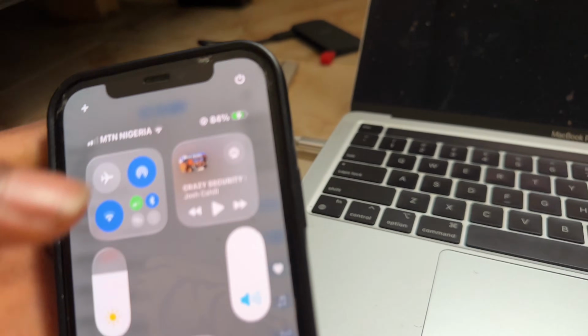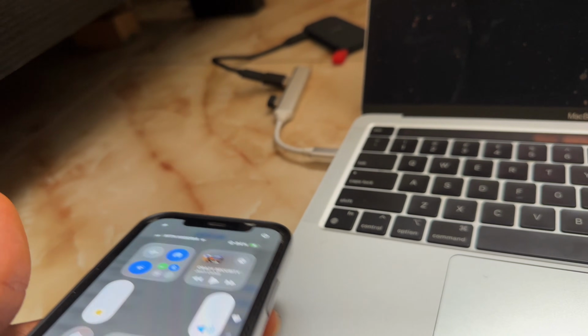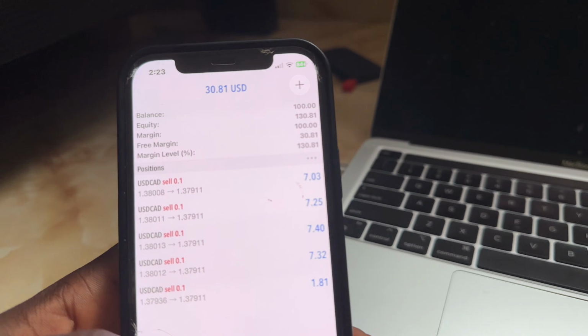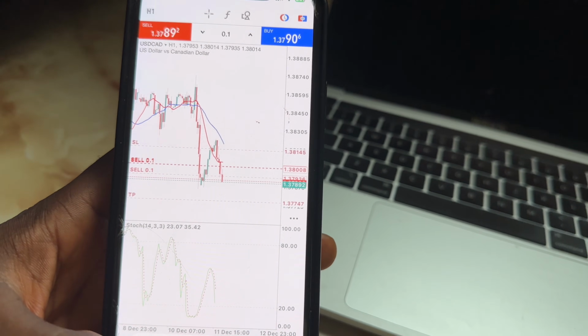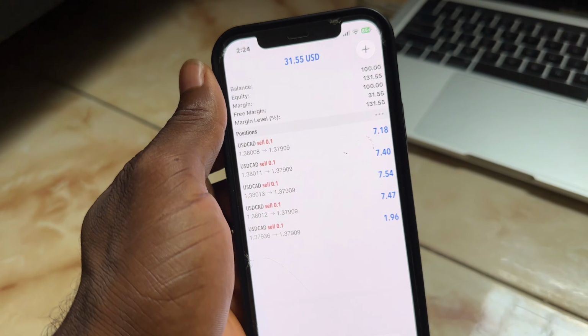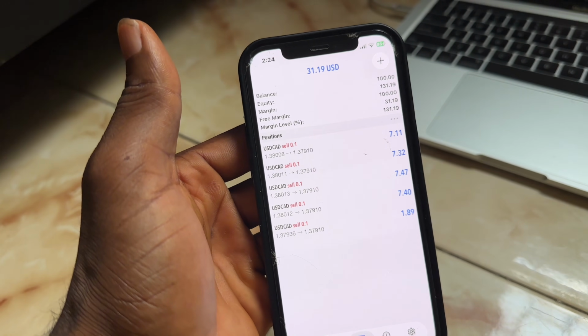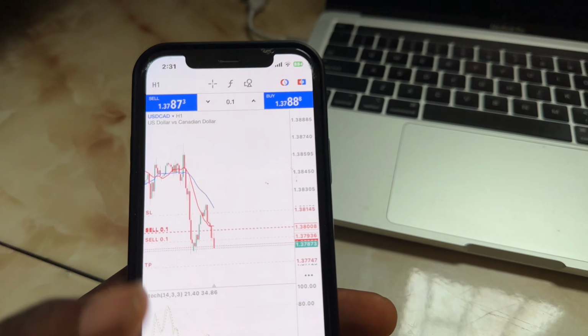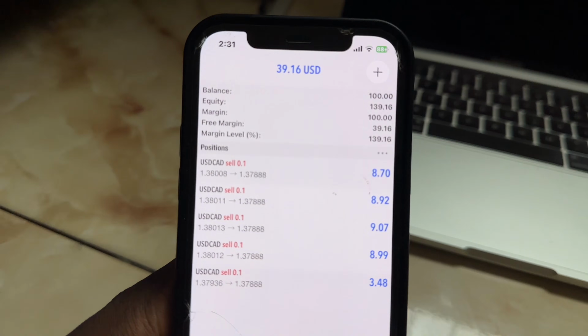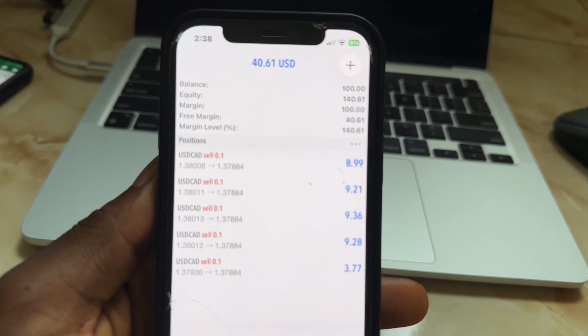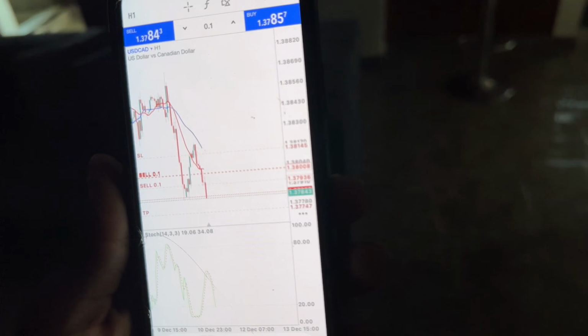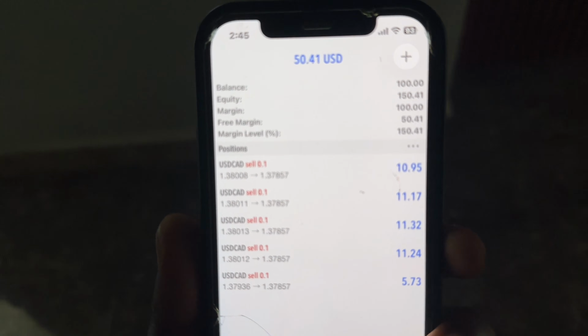A few moments later, first trade and we're already making half of our deposit.